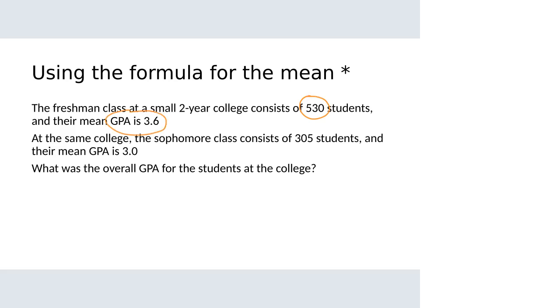We can treat this as though every single one of those students has a 3.6 GPA. That's not true. Some of them are 4.0, some of them are 3.0, some of them are 2.0, some of them are 2.71. But we can treat it as though they all have a 3.6 because that's the mean.